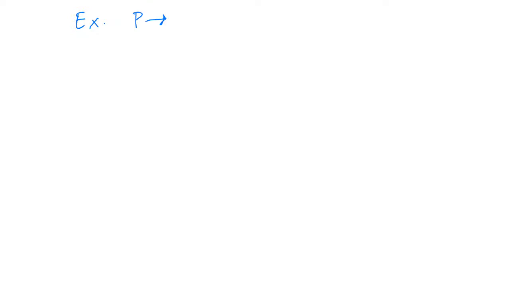If P, then Q, that's our first premise. The second premise would be P, and then the conclusion would be Q. So if you're going to refer back to the previous table, this is what we call the direct reasoning, and we have to show you the truth table.